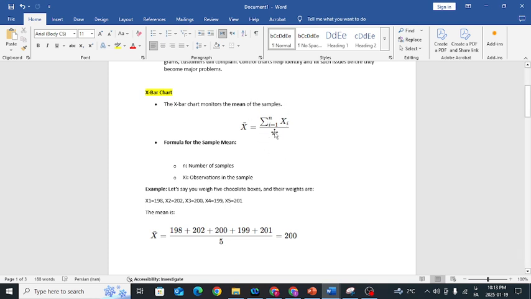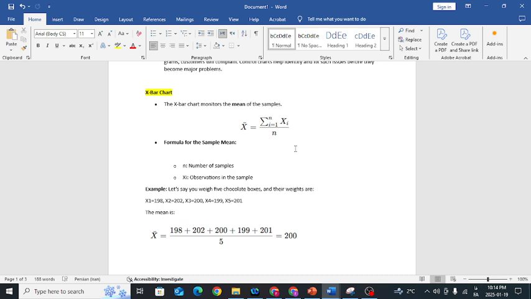In this formula, xi is the observations in the sample and n is the number of samples, with sigma from i equals 1 to n. n is the number of samples. In this example, we use a number of samples equal to 5.